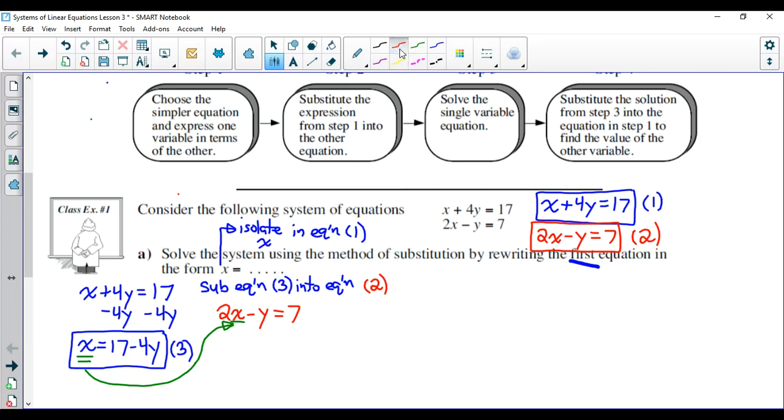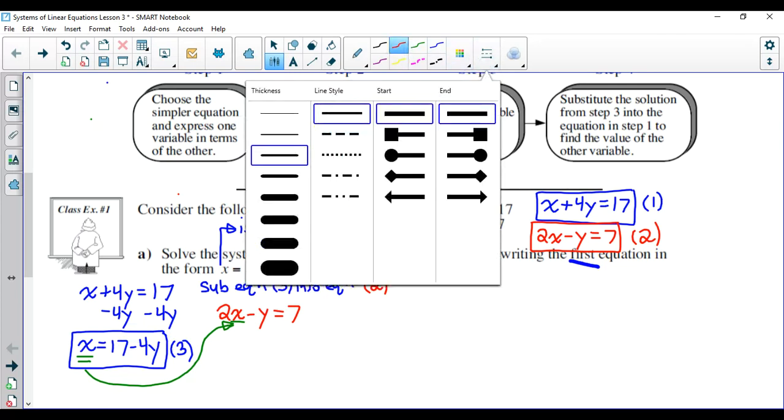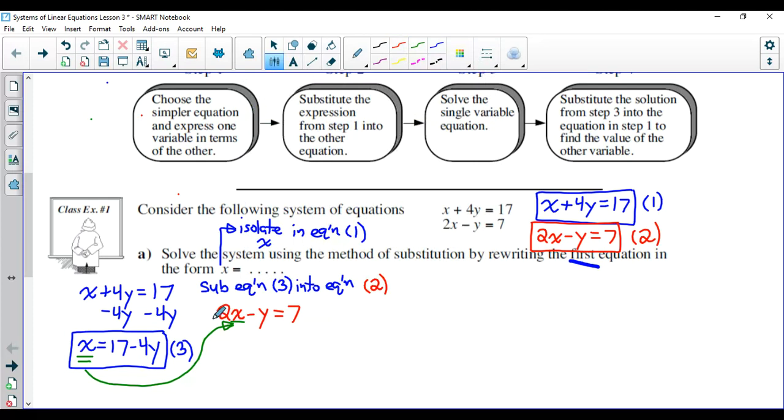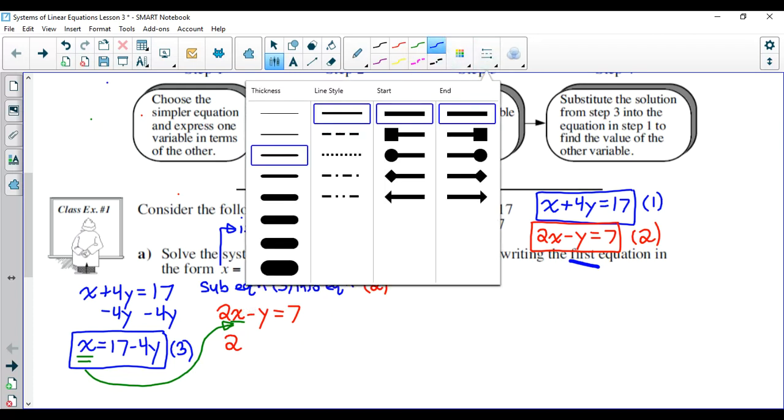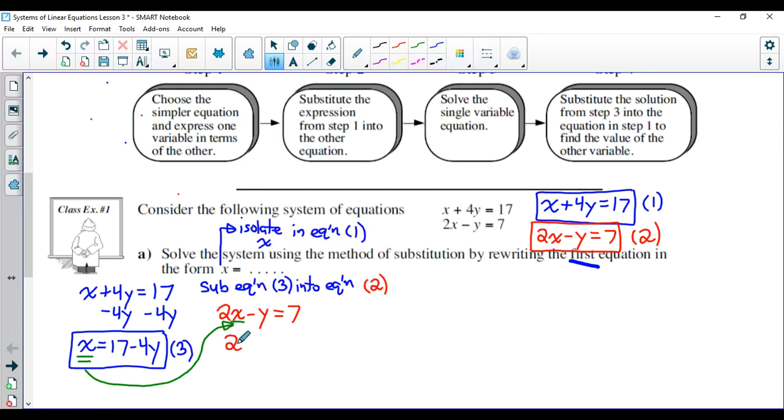I'll try to stick with some color coding so we can see how this works. So this equation would be 2, and in the place of x, I'm going to sub equation 3 in here. So it's not x anymore, it's going to be 17 minus 4y. And we'll close that off.